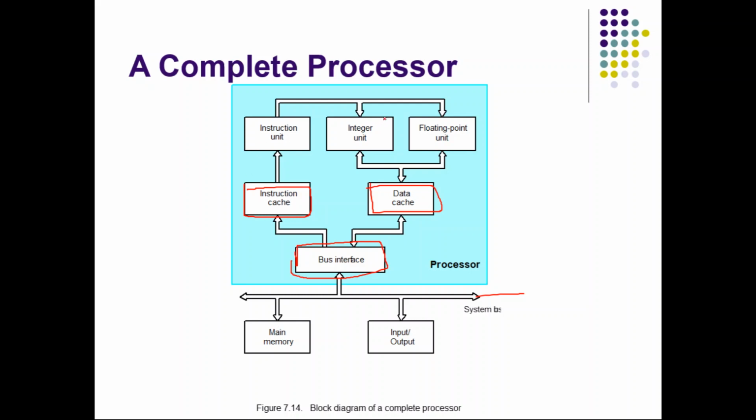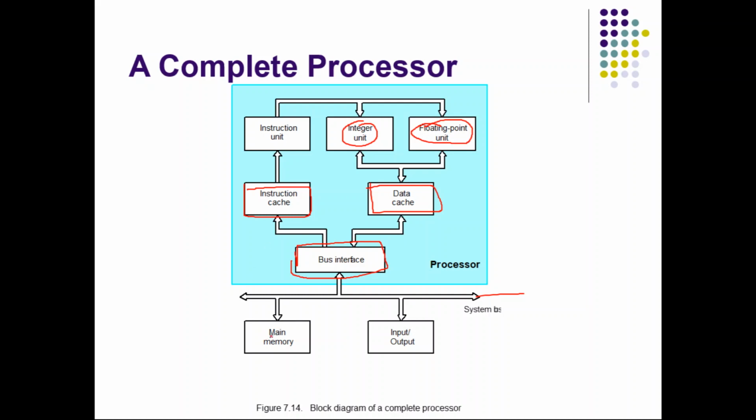There may be multiple integer and floating point units to perform arithmetic operations. The processor can have more than one integer and floating point unit, so that these arithmetic operations can be done simultaneously, in a parallel fashion.